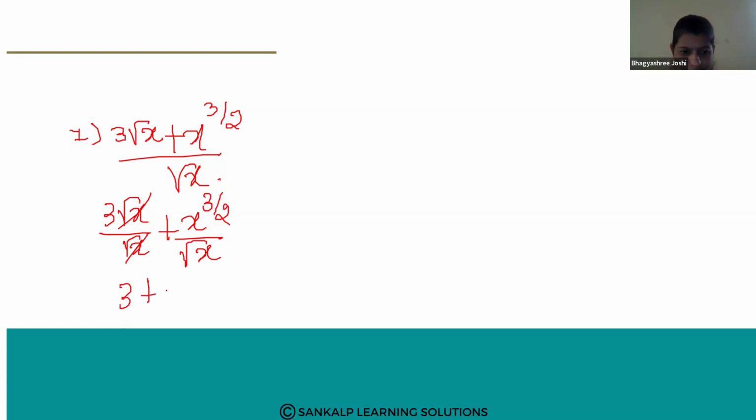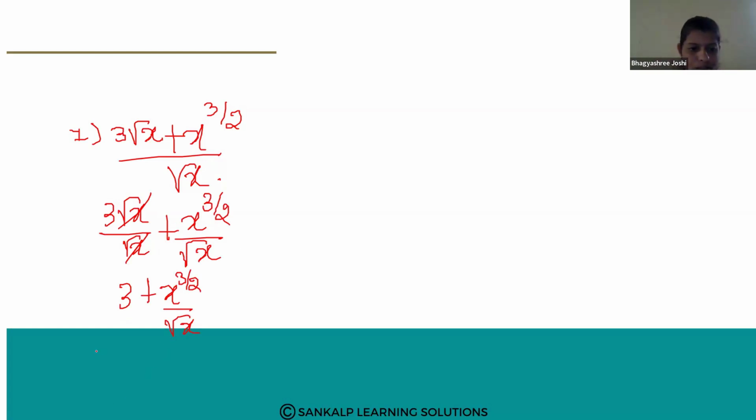That is 3 into root x divided by root x plus x raised to 3 by 2 divided by root x. This is one of the interesting questions. Now, root x will get cancelled. 3 plus x raised to 3 by 2 divided by root x.